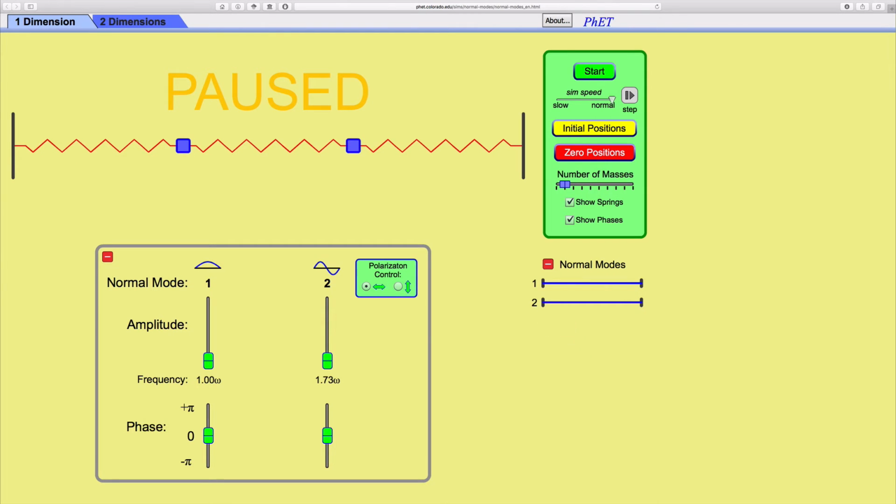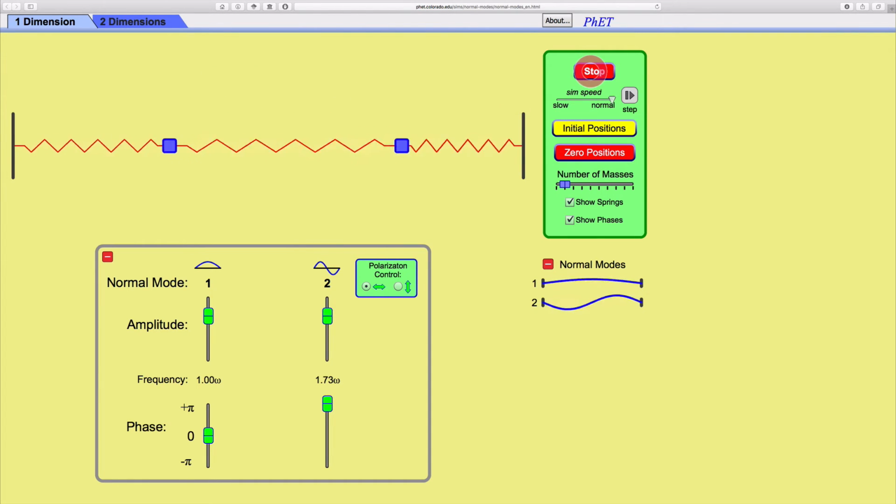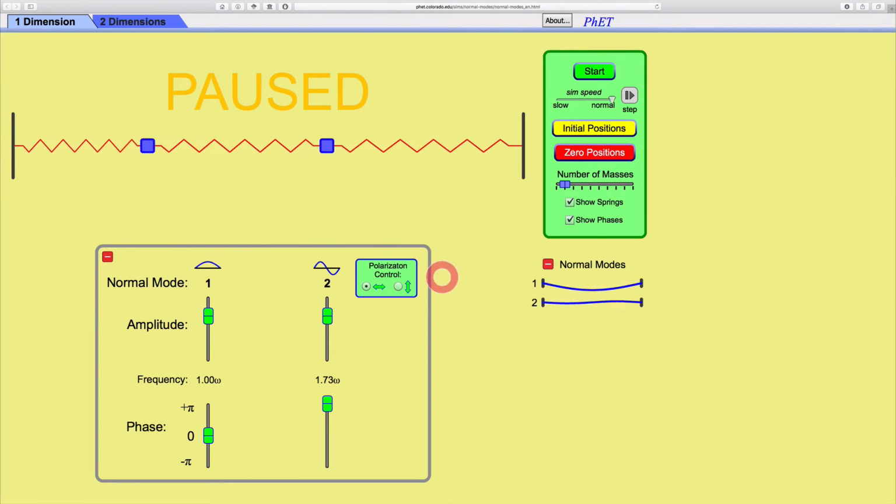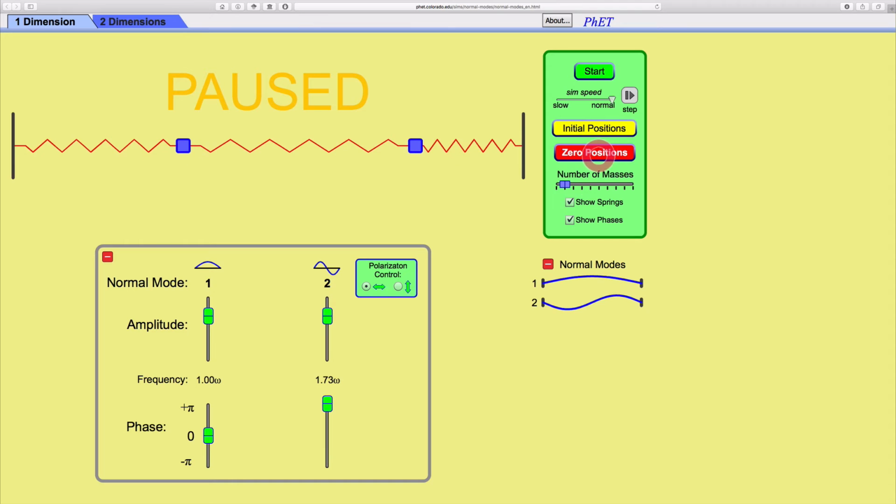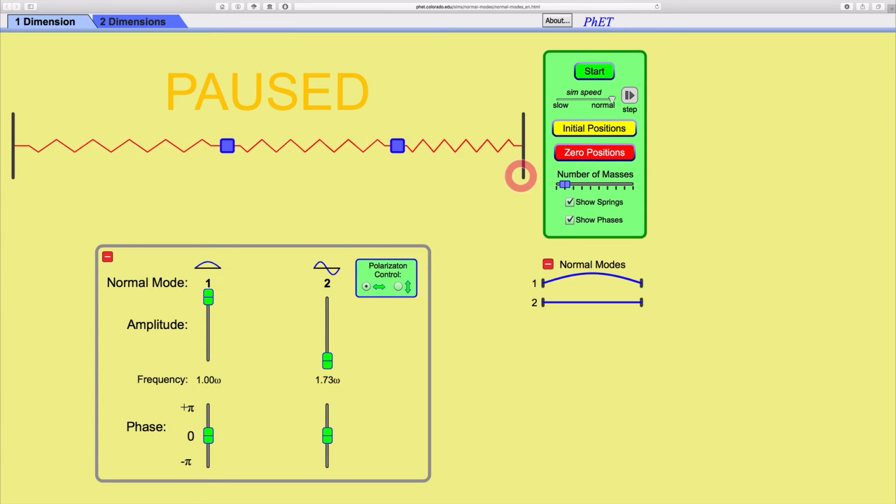So here's a simulation on that website. We can choose whether to simulate horizontal motion or vertical motion. Let's have a look at the horizontal motion first. So we can displace a mass and then start the simulation and look at the motion. We can also, instead of initially displacing a mass in a particular direction, start with a particular normal mode.